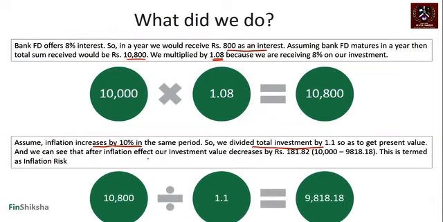So in effect, our investment value decreases by 181.82. How do you get that? 10,000 minus 9,818 rupees, right?